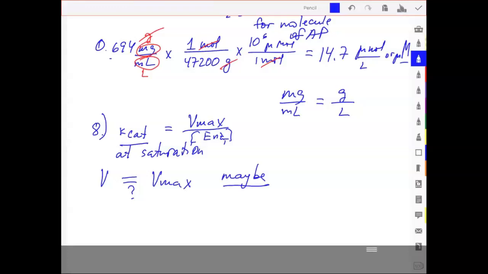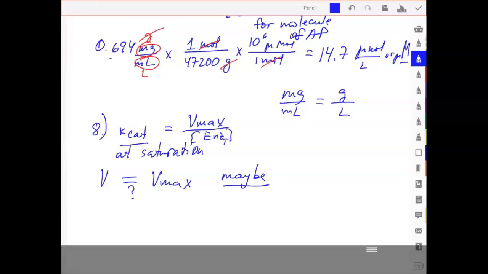And that by definition is when you saturate with substrate, then you have the enzyme rate limiting. So if our assay is set up correctly, we should be using saturating substrate concentration, right? And that's another reason why, if you do the assay and the velocity might be too high, you may have to dilute your enzyme because the enzyme needs to be limiting, right?